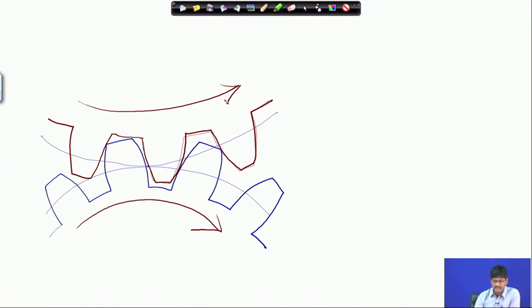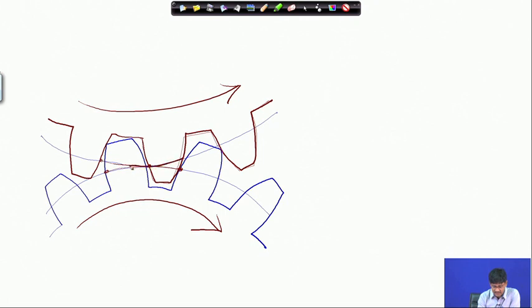And we understand that in order to have this meshing or this interconnection between two gears, on the pitch circumference, this distance from here to here has to accommodate, or rather this one gear tooth has to be accommodated by this particular corresponding distance on the other gear, and this distance has to accommodate the gear on the other side.